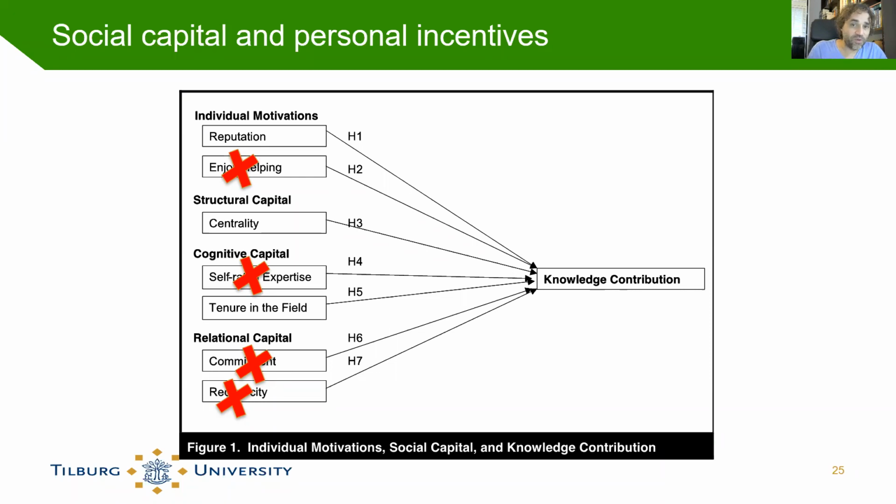But also relational social capital, by being able to see each other, by knowing who is who in an organization. You can stimulate relational social capital. Cognitive social capital is also stimulated by things like adaptability. So if you don't understand someone, you can just ask a question.